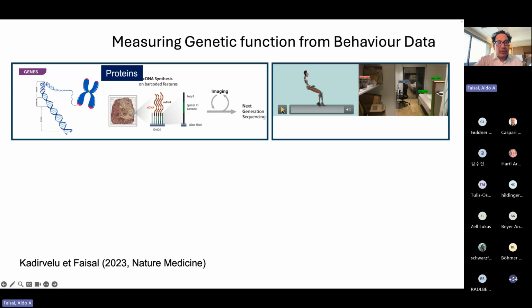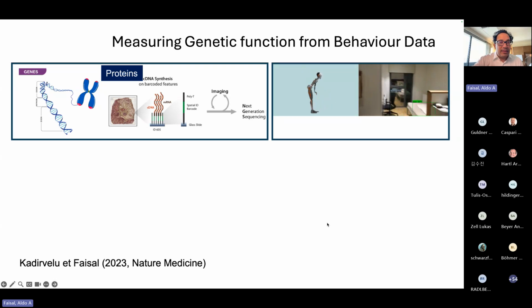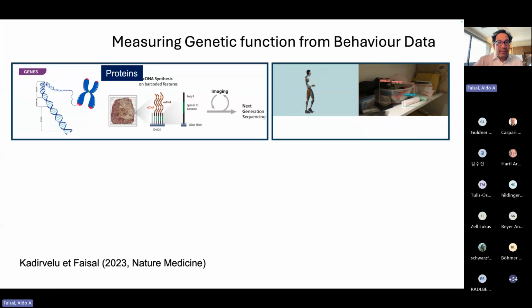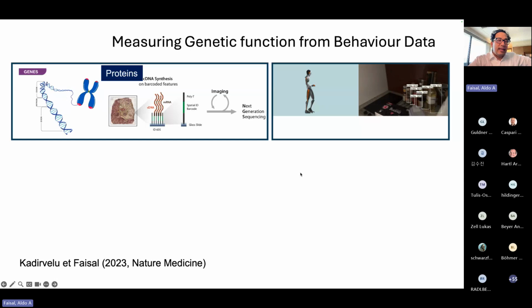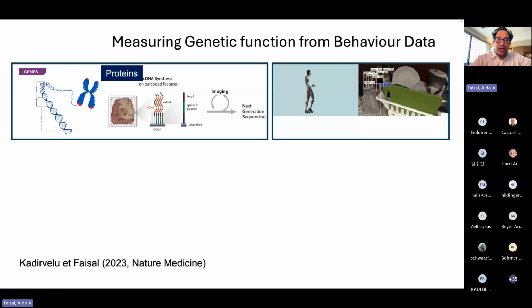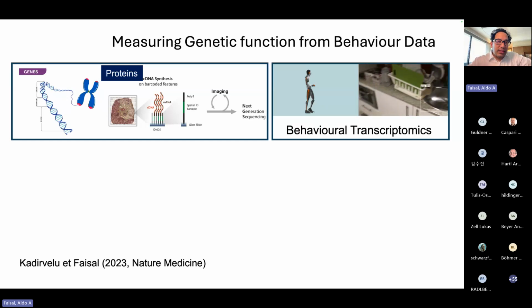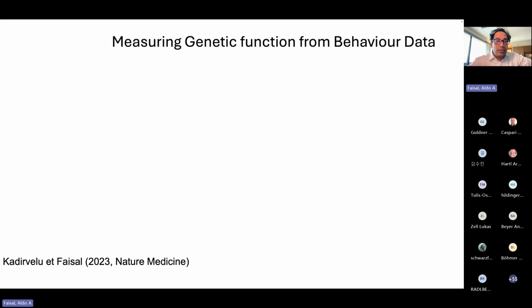And of course, we could also then run the same method here on adults. And here you're seeing behavioral data from adults living in a living lab that we set up. And what we were then able to do here is not only reconstruct and reproduce very similar results to those that I showed you for the children in Duchenne, but we could do something that we call behavioral transcriptomics.